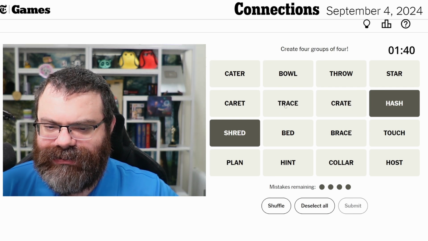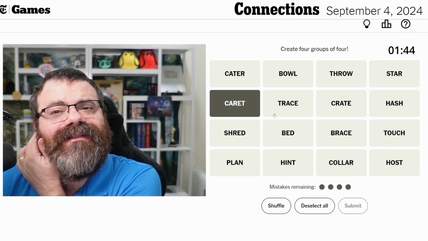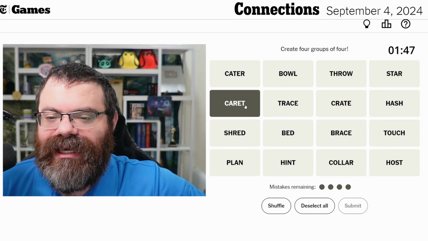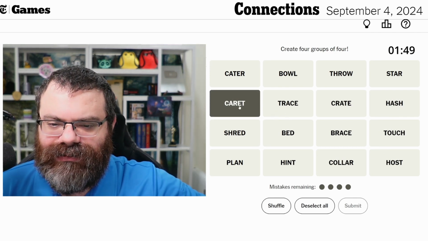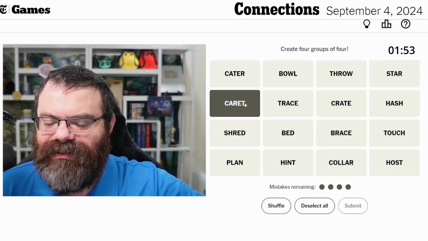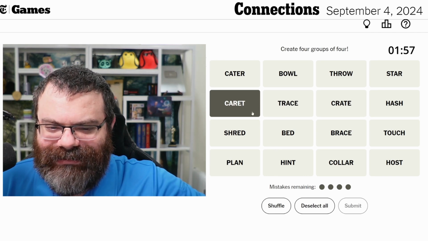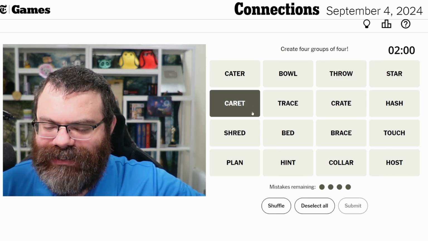Cater, carrot. This kind of carrot, it's either gold or diamonds. I forget which one uses the A and which one uses the E, but this carrot is also the little blinky thing on your computer that tells you where you're about to type a letter. Like a little pointer.